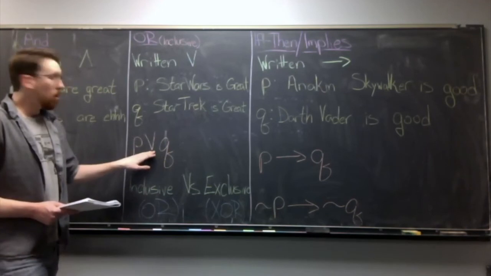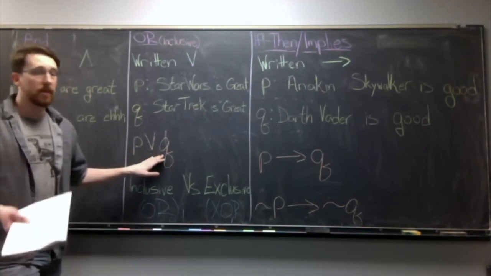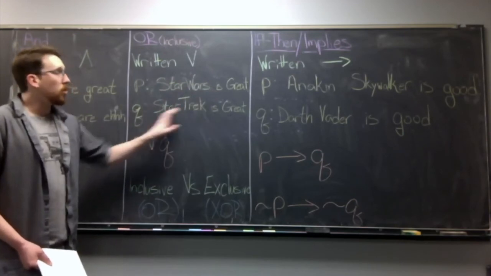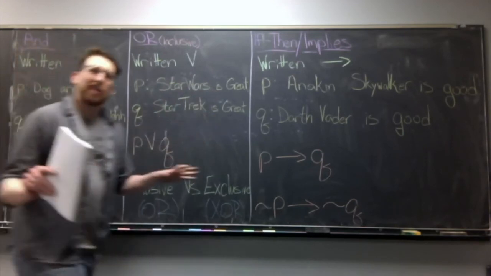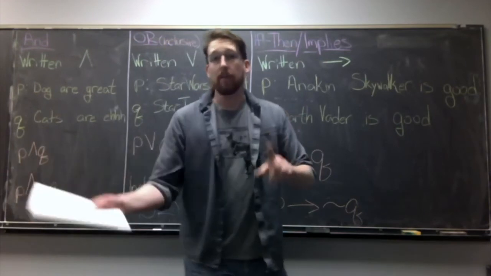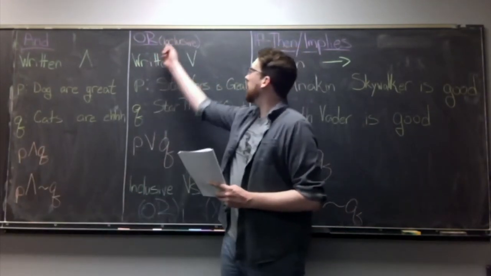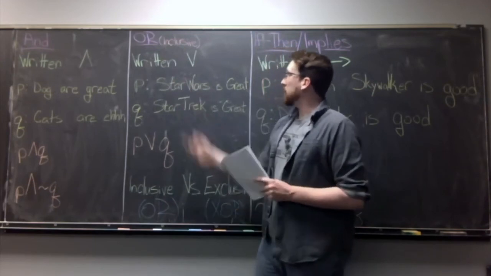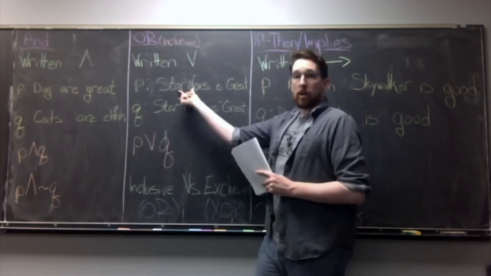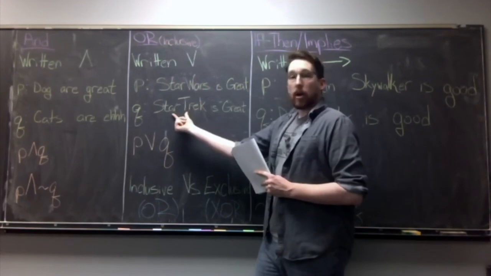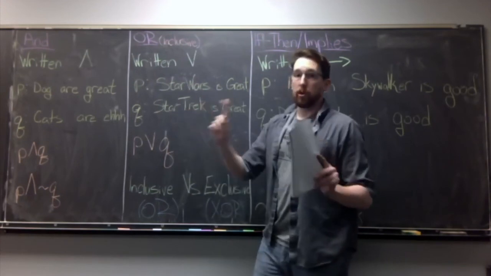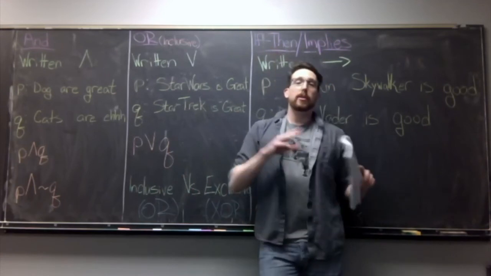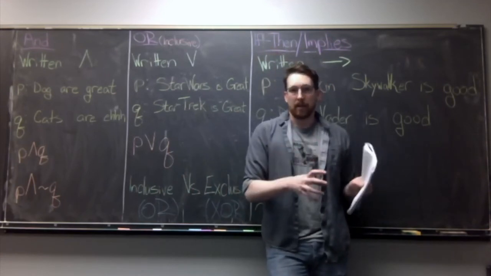P or Q represents the statement "Star Wars is great, or Star Trek is great." Which at first, it kind of sounds like I'm saying one or the other, right? Except for the fact that this is the inclusive OR. So what I'm really saying is either Star Wars is great, Star Trek is great, or they're both great. It can include both of them. This is what the inclusive OR means.